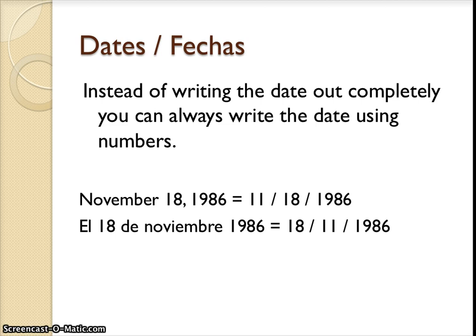However, when we are using only numbers, the formula still stays the same. We have the day, then the month, and then the year. So when you see a date in class, make sure that you are paying attention to if I am writing it in English or if I am writing it in Spanish.